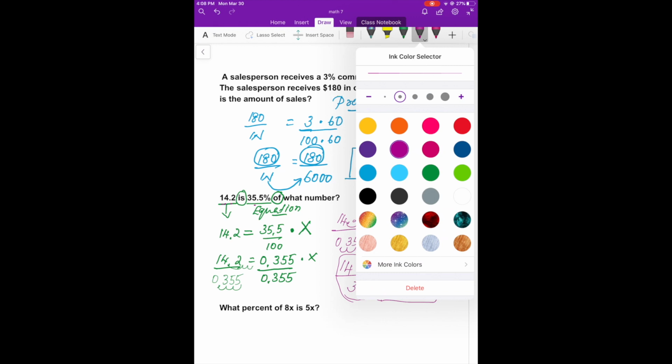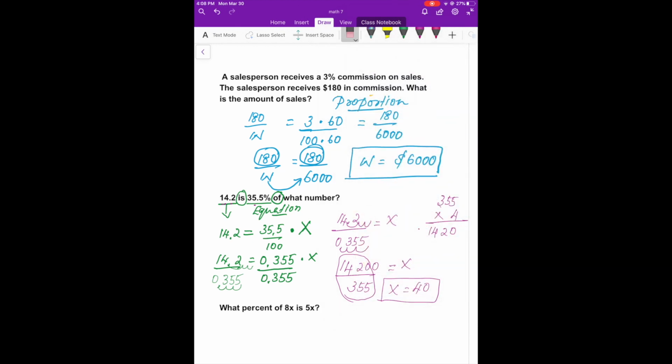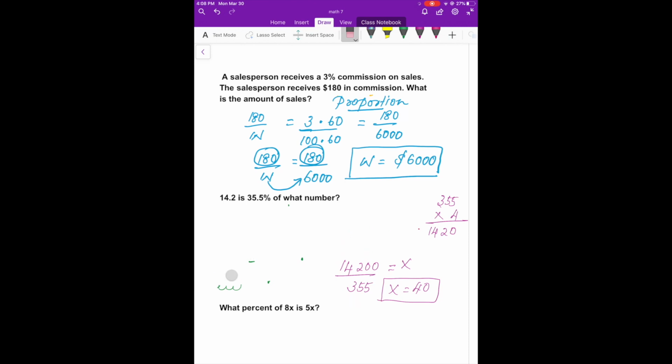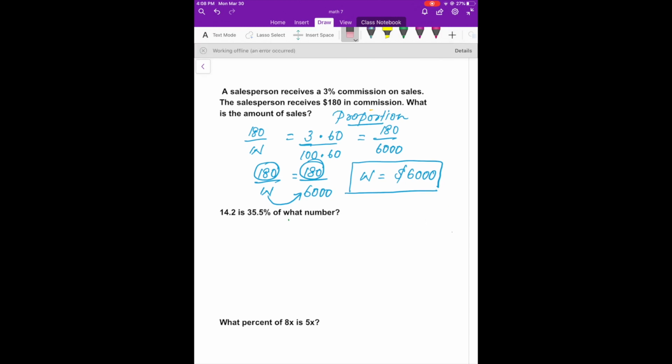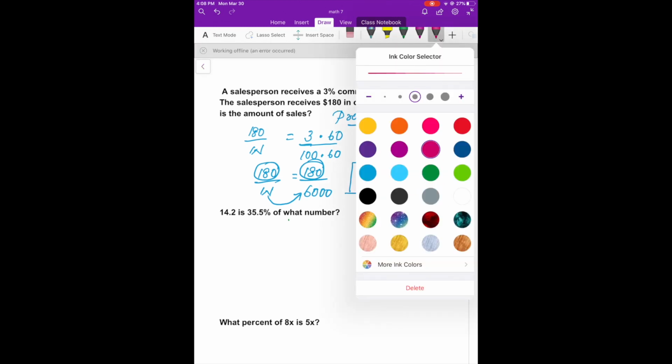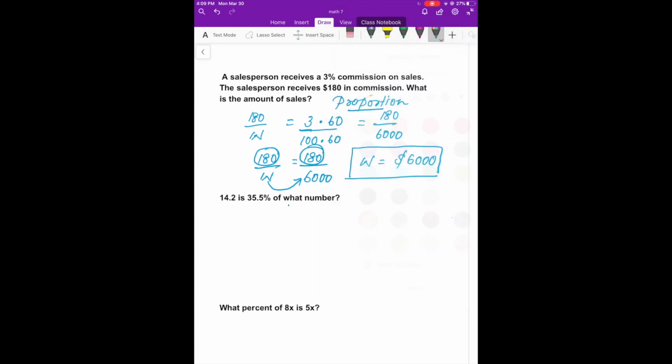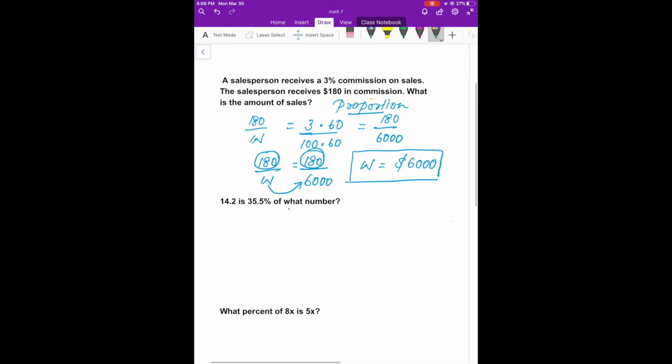Now let's try to do that using the proportion. If any of you are trying to do that with proportion, let's do it. Proportion means 14.2 is the part, so I'm going to put 14.2 over the whole, which we don't know, is equal to 35.5 over 100.